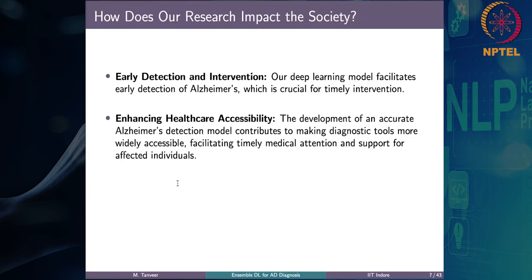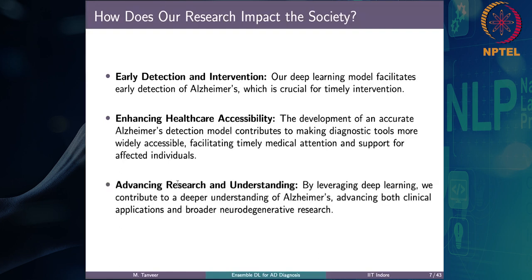The development of an accurate Alzheimer detection model contributes to making diagnostic tools more widely accessible, facilitating timely medical attention and support for affected individuals. Second, advancing research and understanding: by leveraging deep learning, we contribute to a deeper understanding of Alzheimer's, advancing both clinical applications and broader neurodegenerative research.